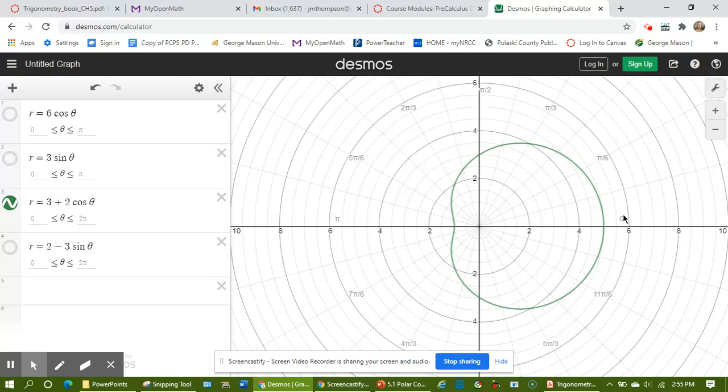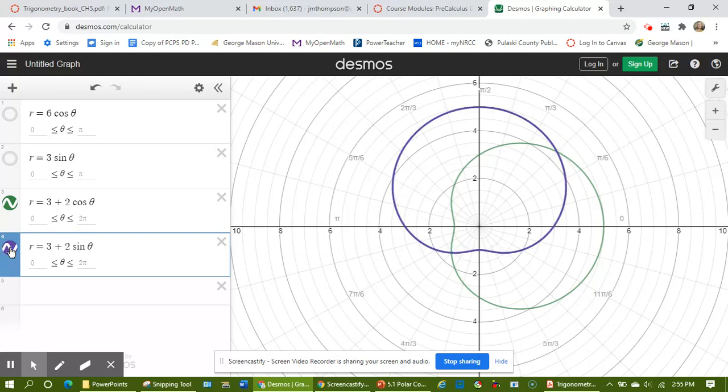It's oriented on the x-axis. And then we could get a sine dimpled limacon. Let's just make it positive. And that would be oriented on the y-axis. All right, so a dimpled limacon has an a over b ratio between 1 and 2. 1.5 is between 1 and 2.